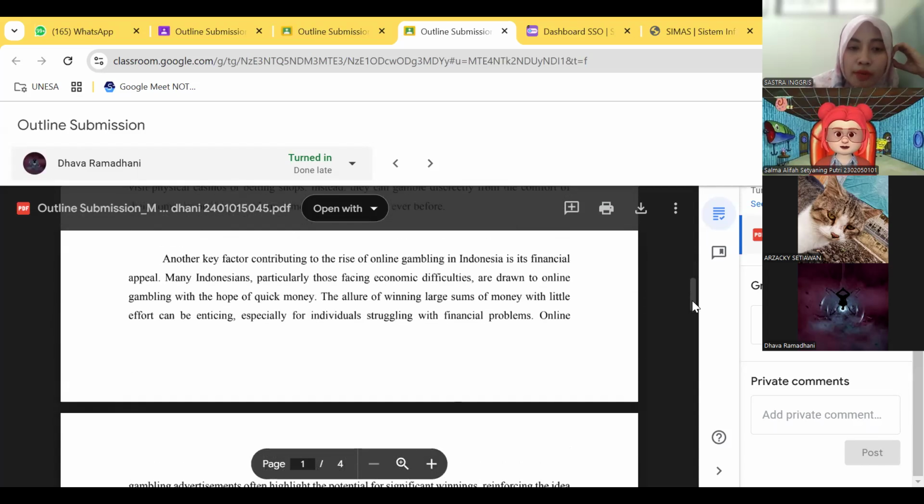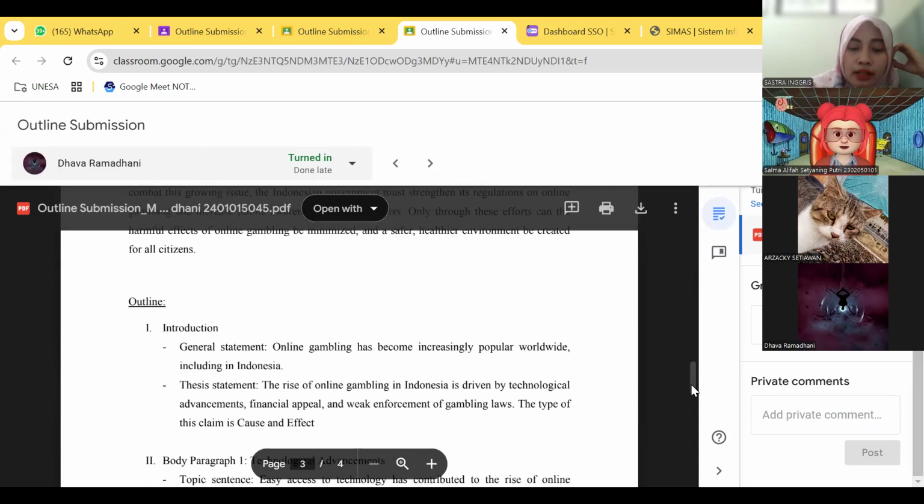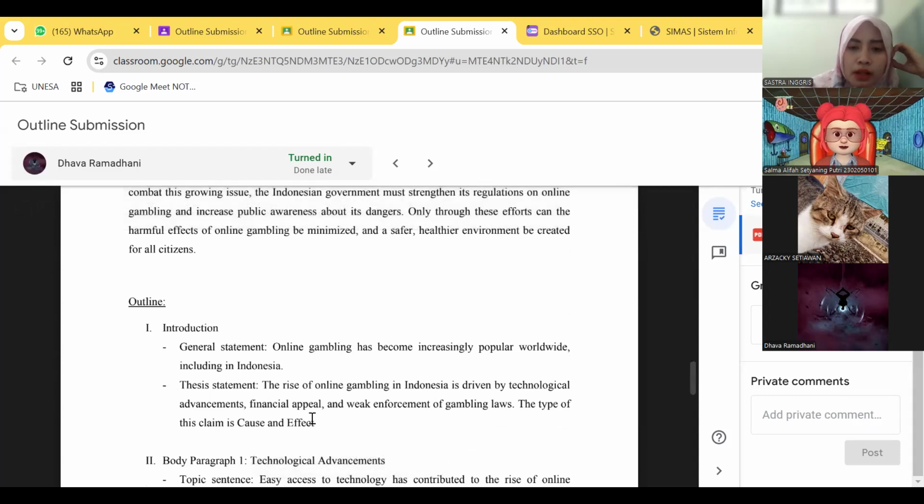Okay, let me see your claims first. Klaimnya adalah your thesis statement, ini ya, claims. The rise of online gambling in Indonesia is driven by technological advancements, financial appeal, and weak enforcement of gambling laws. Okay.